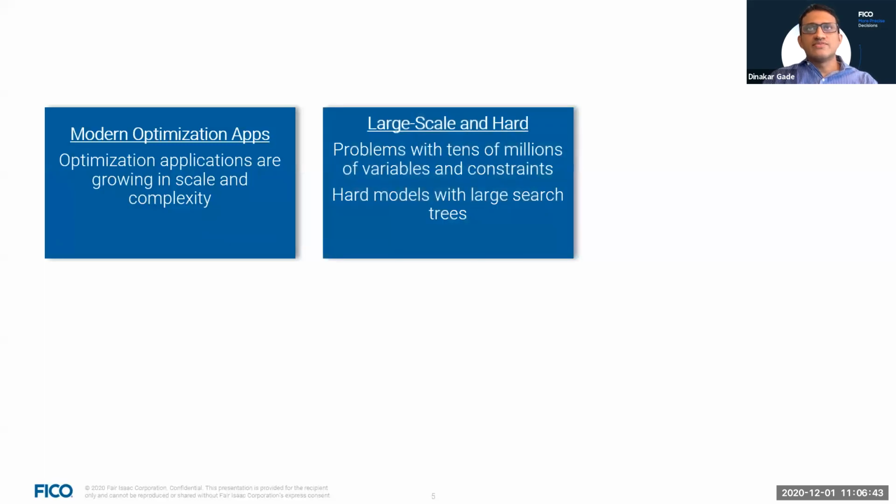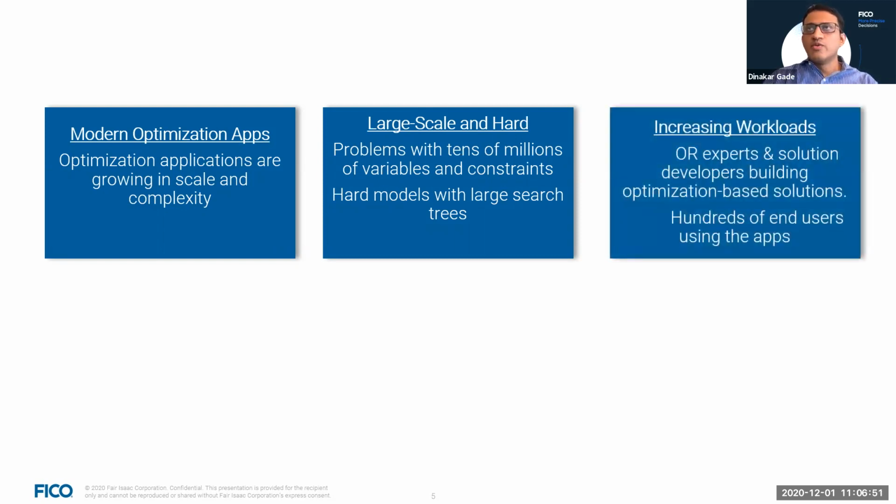So they're not just large in sheer size, but there are problems that are hard and they have large search trees. And when viewed from an enterprise standpoint, we have a number of operations research experts and solution developers who are building these solutions. But in the end, we have hundreds of business users who are running these optimization-based applications.